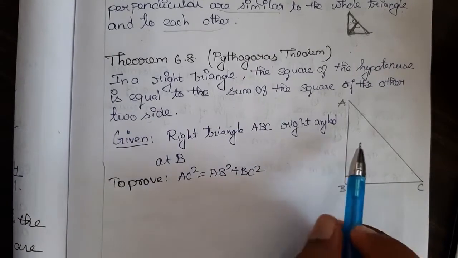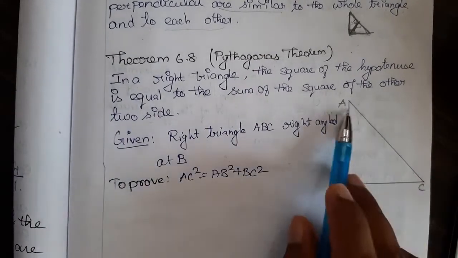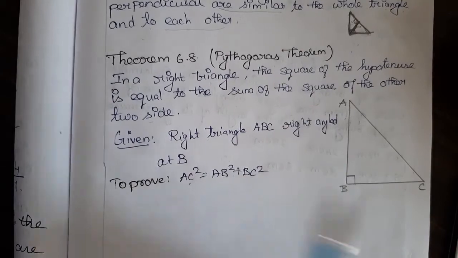The side opposite to the right angle is the hypotenuse. So the hypotenuse square is equal to the sum of squares of the other two sides.